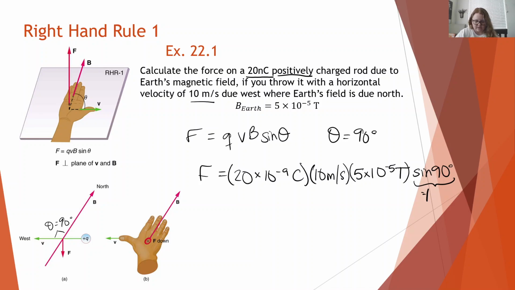So we have 20 times 10 to the negative 9 times 10 times 5 times 10 to the negative fifth.